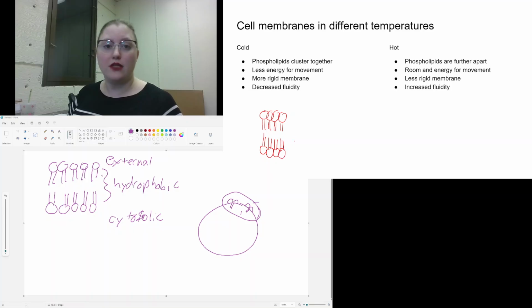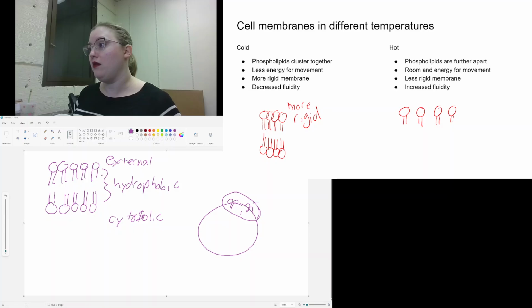And if they are clustered very close together, there's less space for movement too. So this is going to be more rigid. Okay, now hot temperatures allow more space. There's more energy for movement. There's more space for movement. So a hot temperature membrane is going to be more fluid.